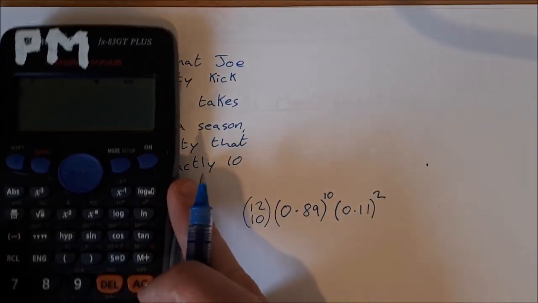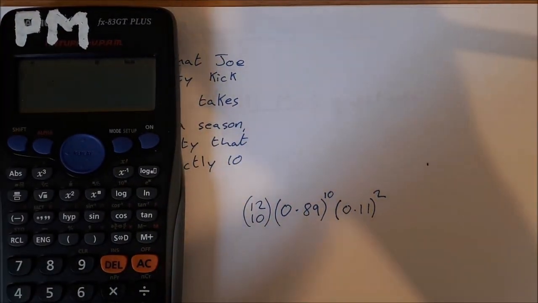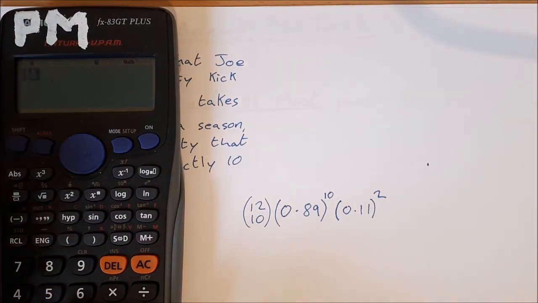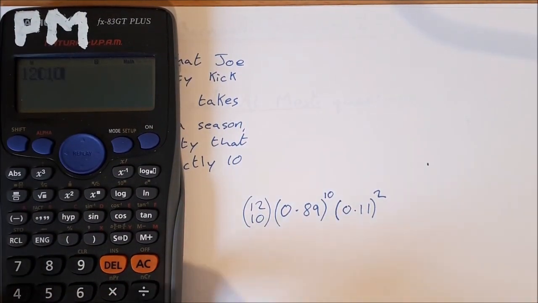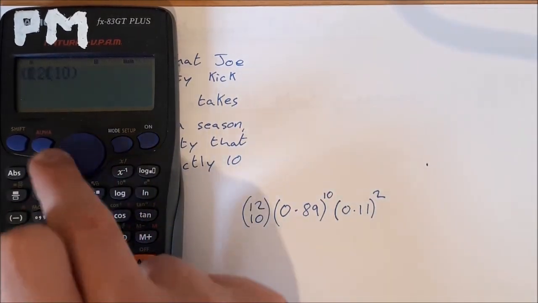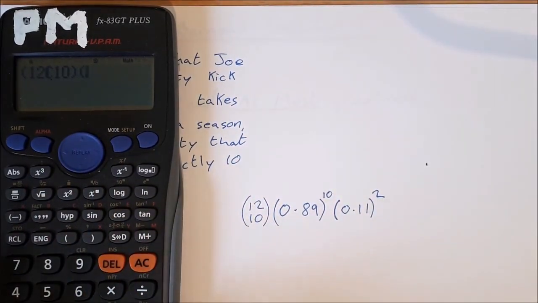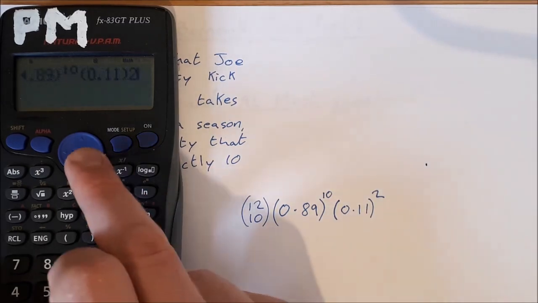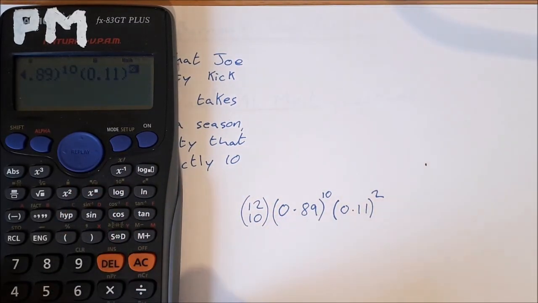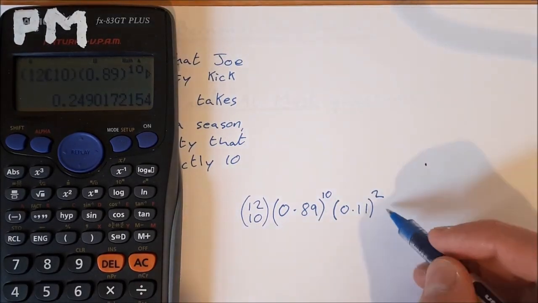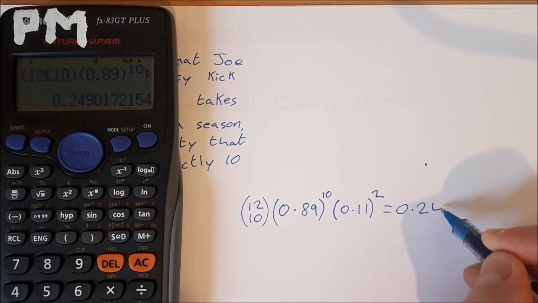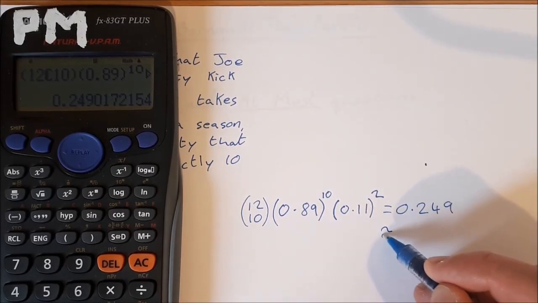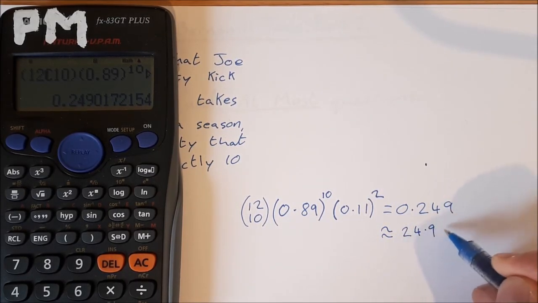So, if you can see that there, 12 choose 10, just pop it into brackets, and that will be times 0.89 to the power of 10, and that's times 0.11 to the power of 2 equals 0.249, which is approximately equal to 24.9%.